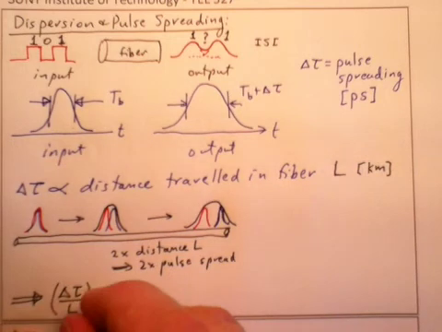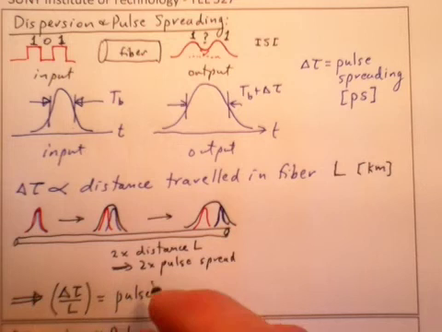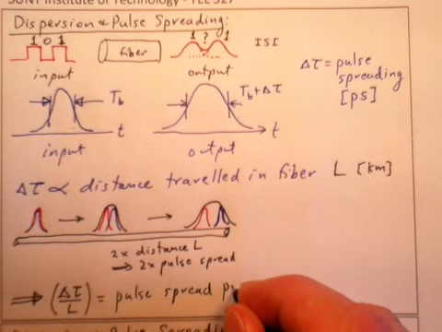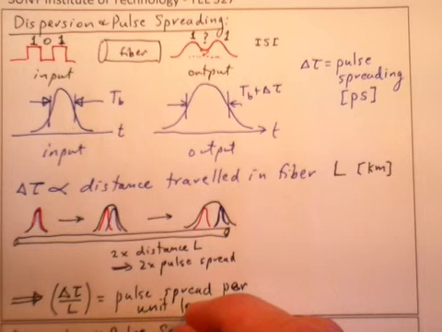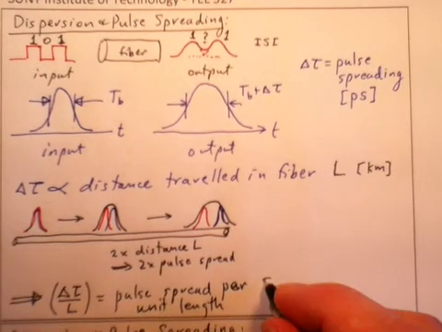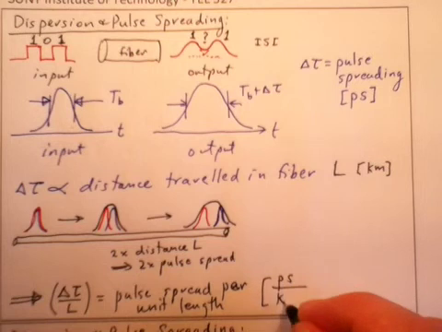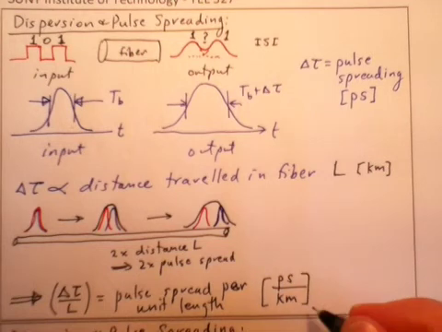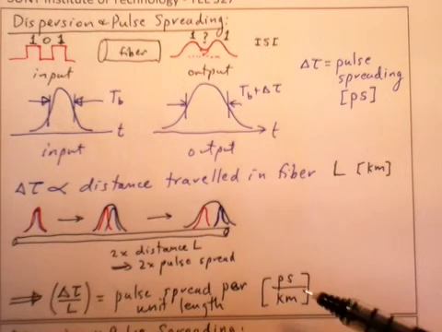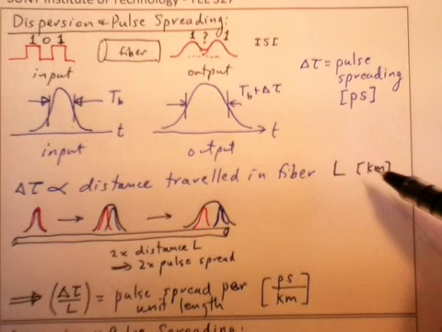Delta tau by L is the pulse spread per unit length. This is going to be the important quantity, and we're going to measure it in picoseconds per kilometer. It's possible to measure it in seconds per meter or in inverse velocity, but picoseconds are the characteristic size of pulse spreading, and kilometers are the characteristic size of the lengths of our fiber runs.